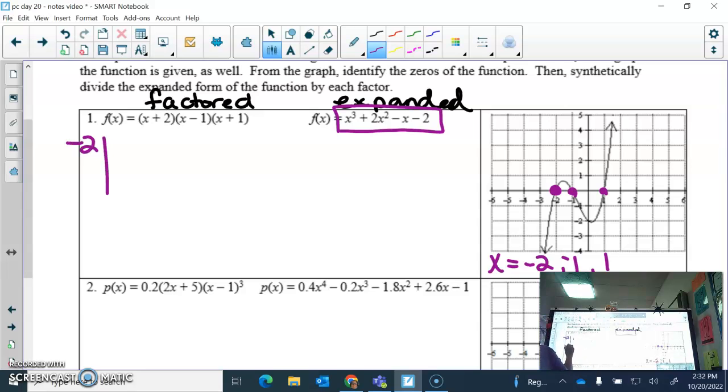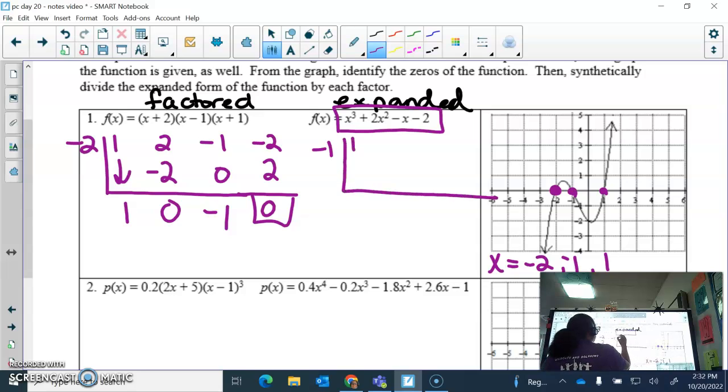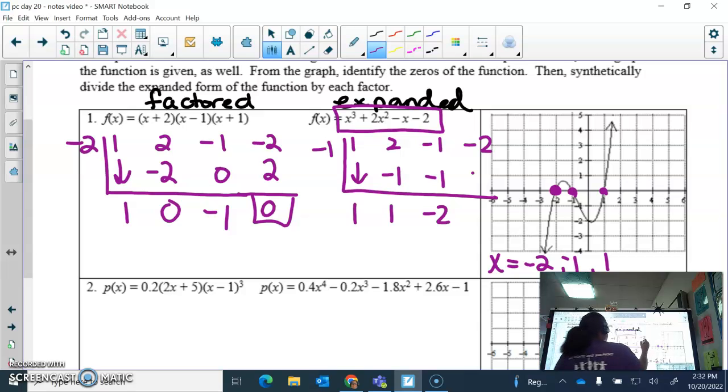So when I put in -2, or sorry, each of those zeros, when I put in -2, then my remainder is 0. When I put in -1, when I divide by -1, my remainder is 0.